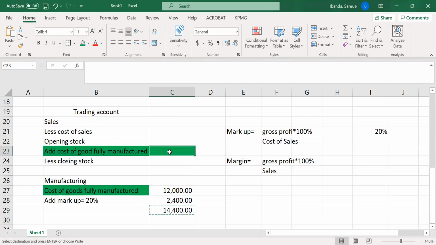You're going to take a figure that already has a markup to it, okay? But one of the things that you also need to understand is that it's not only these goods that you're transferring to the trading account. You already have opening stock of finished goods. You also have closing stock of finished goods. So ideally, these ones also have to be marked up because your goods are now being carried at a markup, okay?